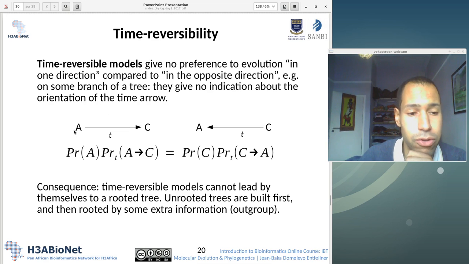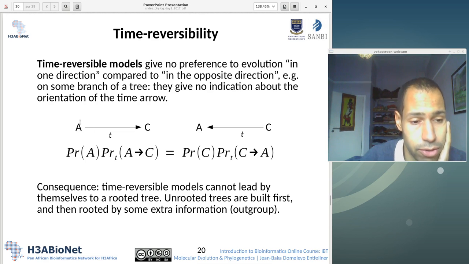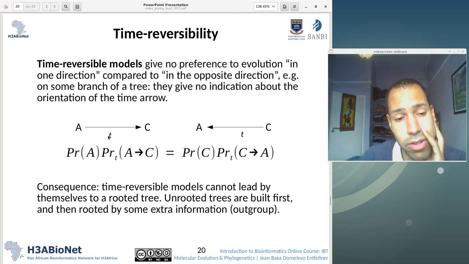We can calculate the probability of this tree. The whole probability of this tree is to have A at the beginning. So this is the a priori probability, probability to have A at the beginning of the branch, and then probability that this A evolved into a C over a time t, or a branch length t.